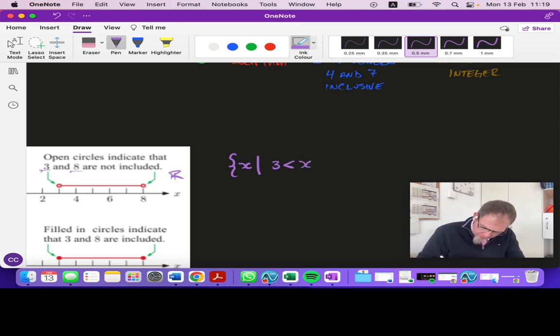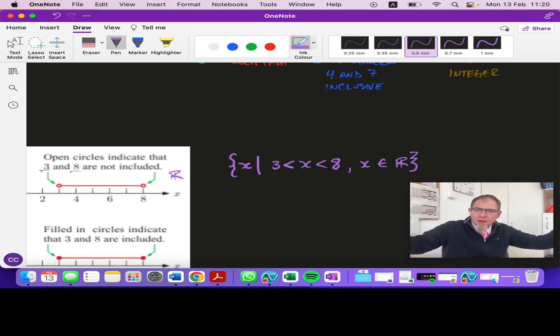And similarly, it's got to be less than 8. And then here comes our thing. Because it's the line, x is an element of the reals. So what that means is x can be any value between 3 and 8 excluded, and it has to be a real number.